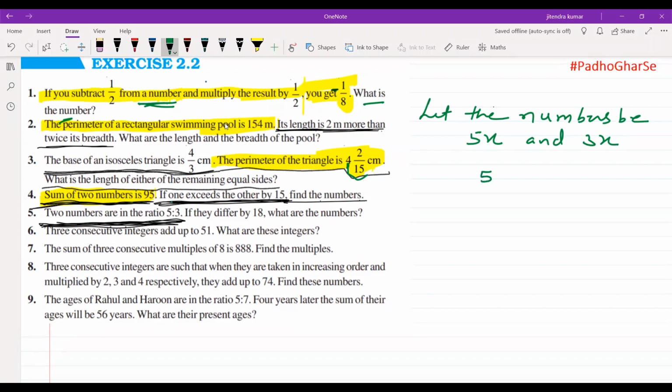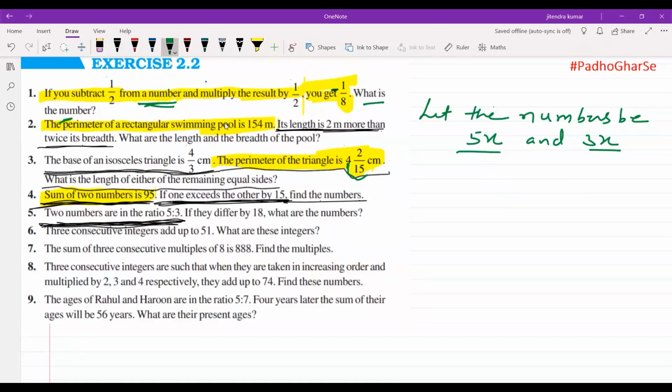If we divide the numbers, 5x upon 3x, we will always get 5:3. So we are getting the required ratio. That is why we have considered the two numbers as 5x and 3x. Now we have to find x, and when we multiply it by 5 and 3, we will get both numbers.